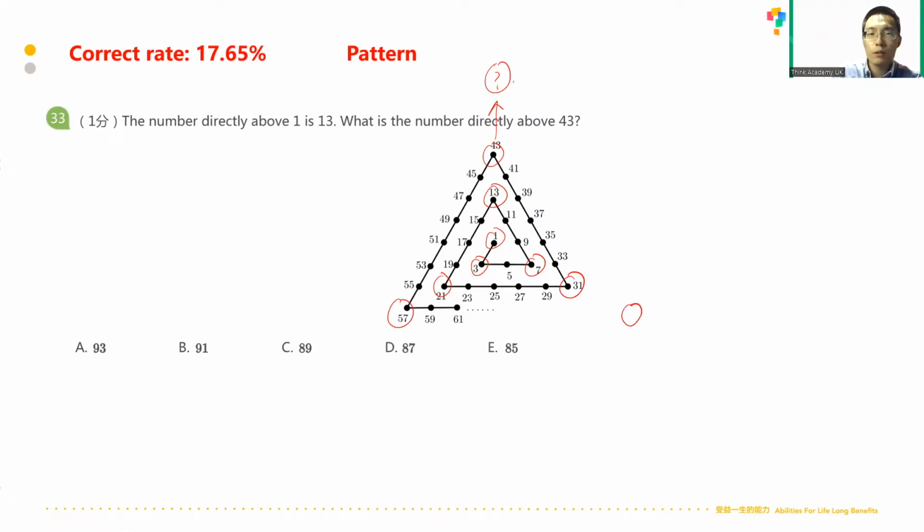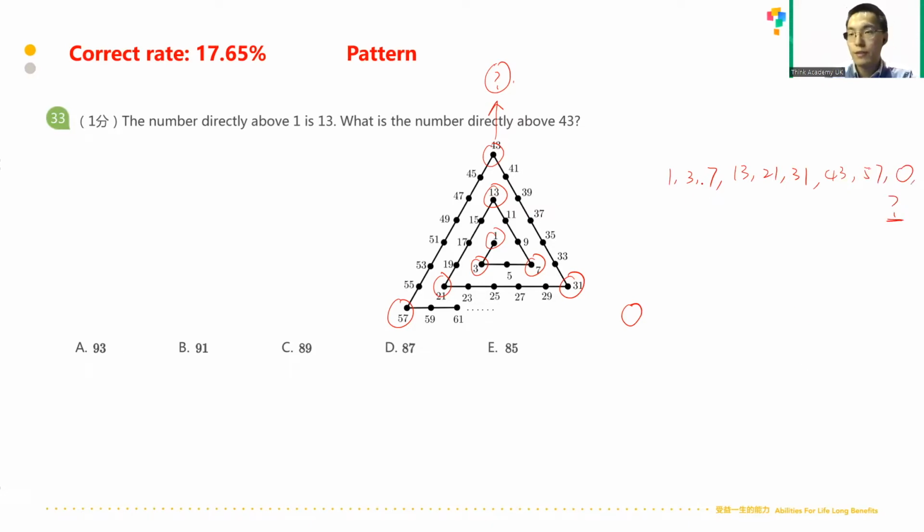This one is what we're looking for, the number directly above 43. So if we look at these vertices, we write down the numbers horizontally. That will be easier, more straightforward for us to see. We will have 1, 3, 7, 13, 21, 31, 43, 57, and then a circle, and then the question mark. So we want to find the question mark.